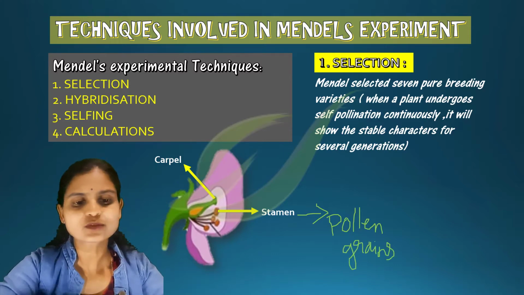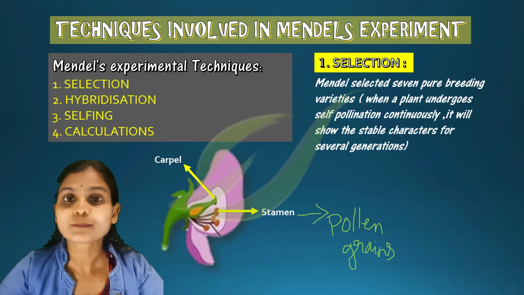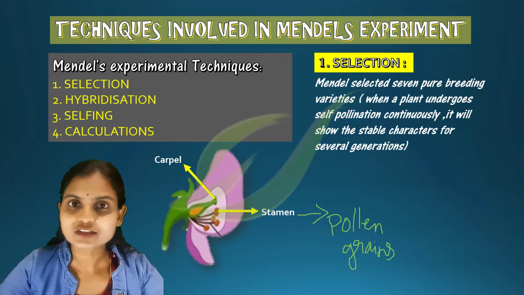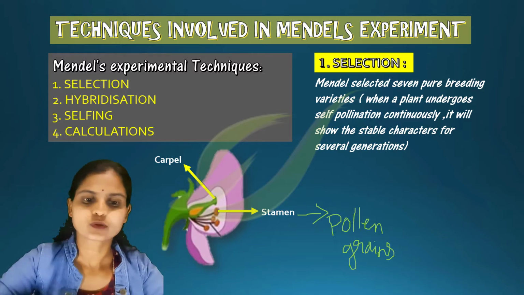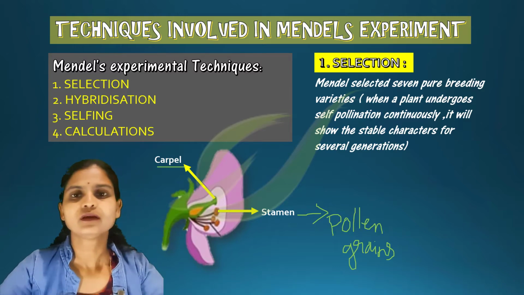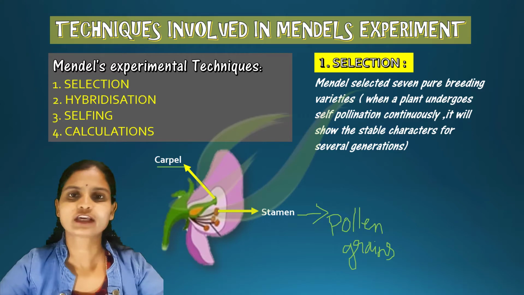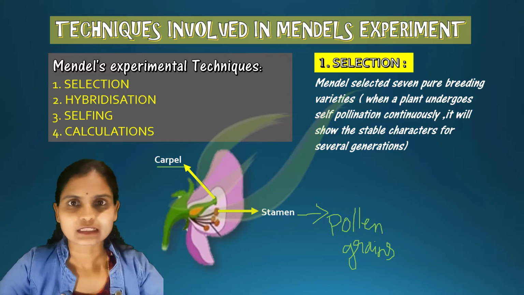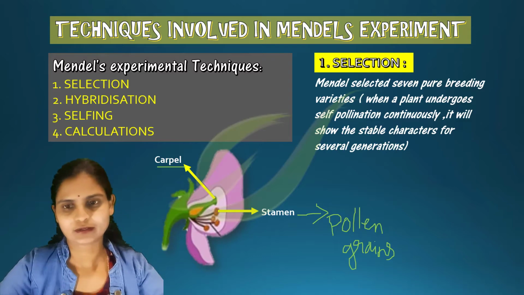And carpel is the female reproductive organ. It consists of the egg; at the bottom of the carpel the egg will be present. That is the female gamete.